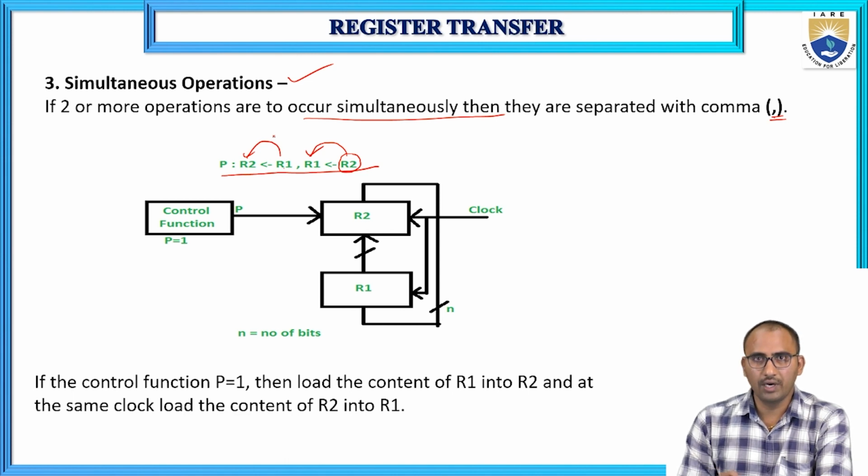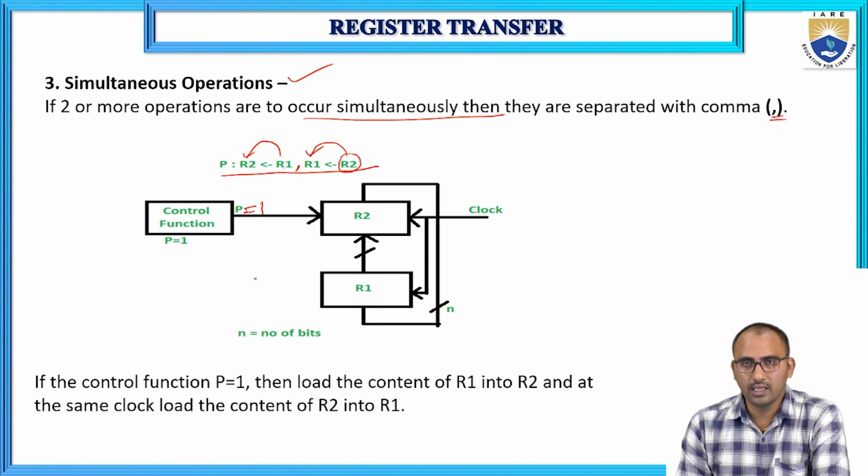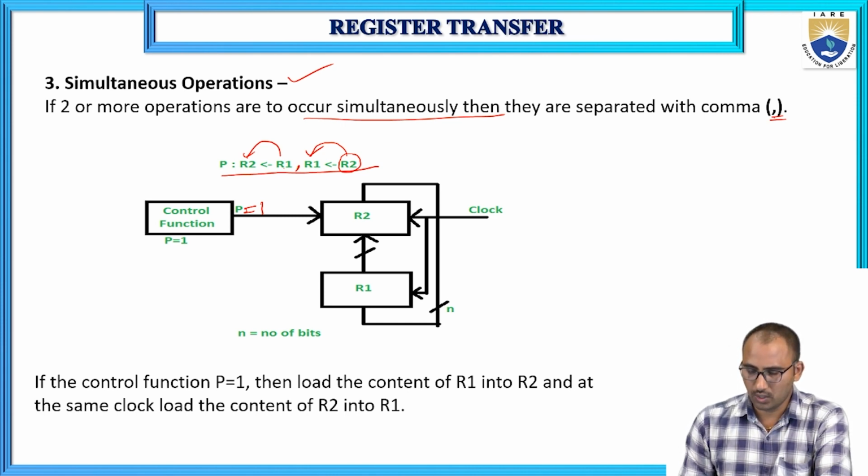These two operations take place simultaneously because both micro operations are separated with a comma. This is the corresponding hardware implementation. These two simultaneous operations will happen only if P is equal to 1. If P is not equal to 1, then the micro operations will not be performed.